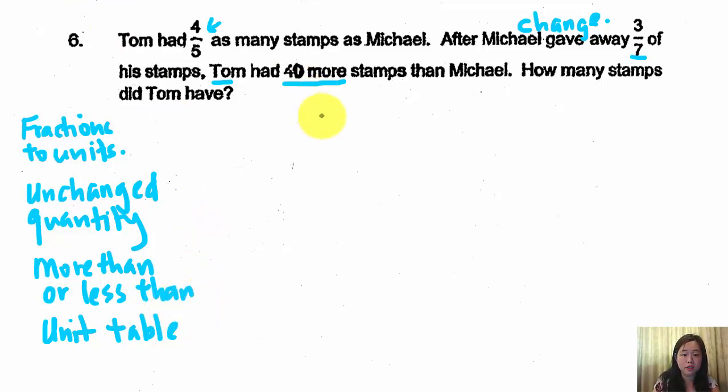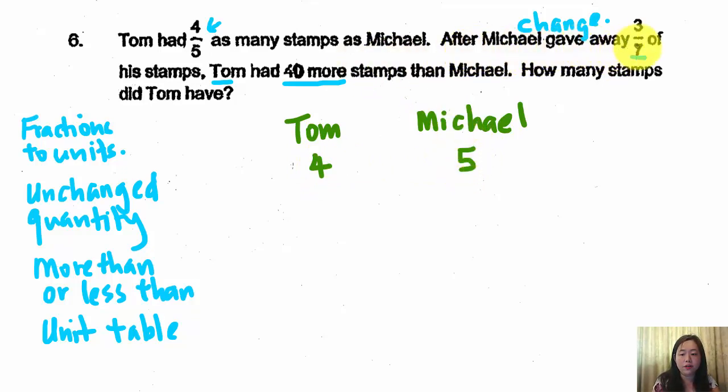So let's start. This is Tom, this is Michael, and Tom is 4/5. So we have 4 here and 5 here. Next, after Michael gave away, so Michael is the generous person who gave away 3/7. So under Michael here, at first he had 7 and he's giving away 3, and now he has 4.